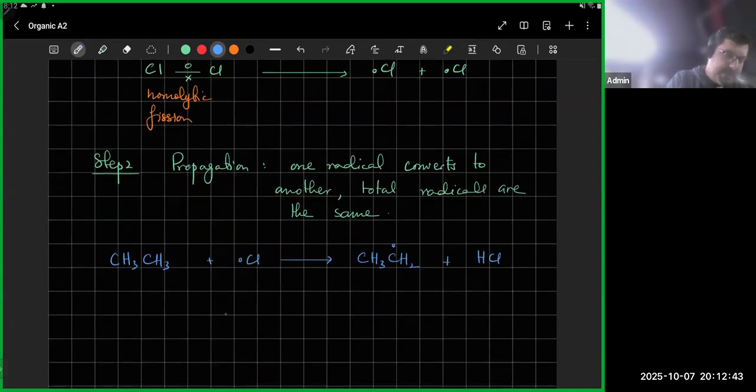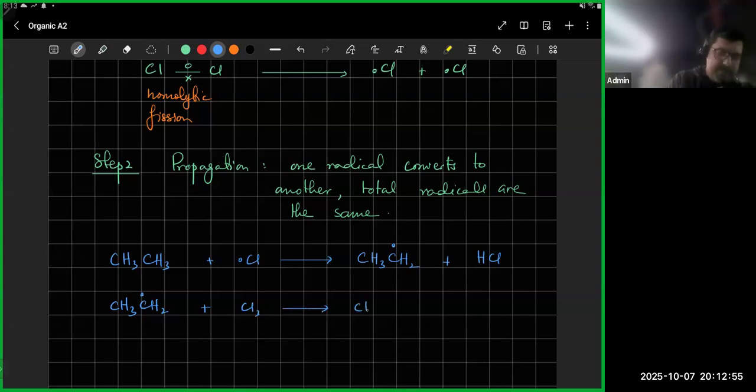Then what this carbon radical would do is that it will attack a Cl2 molecule and steal one of the Cl's from there. So it will become complete. It will become CH3CH2 and now a Cl has joined it. But the Cl2 molecule lost a Cl, so it's now a radical.